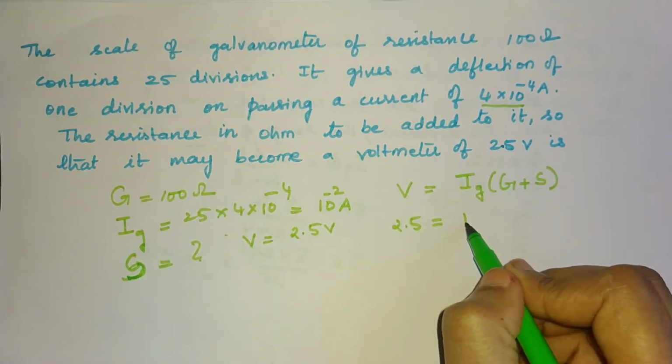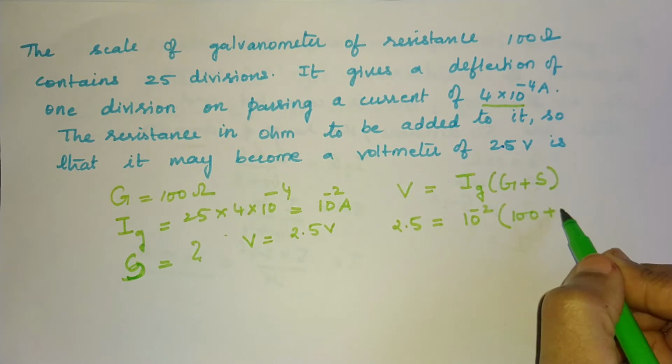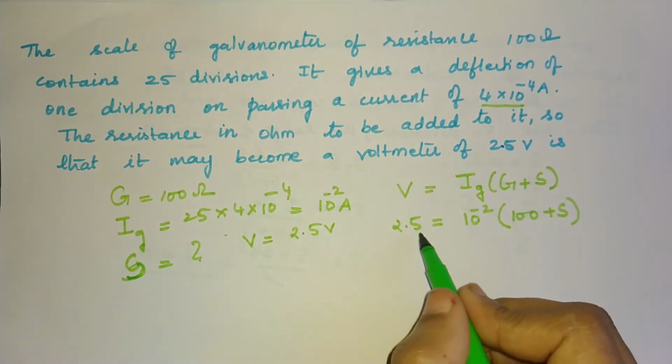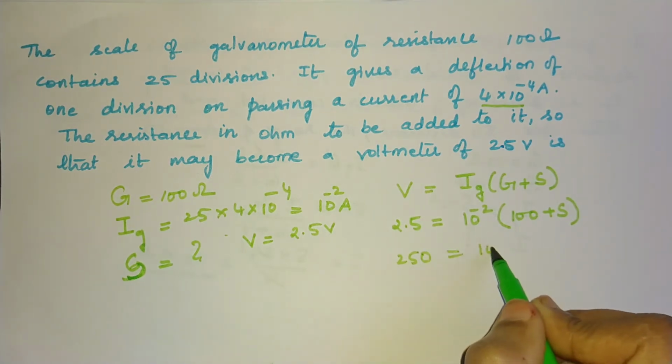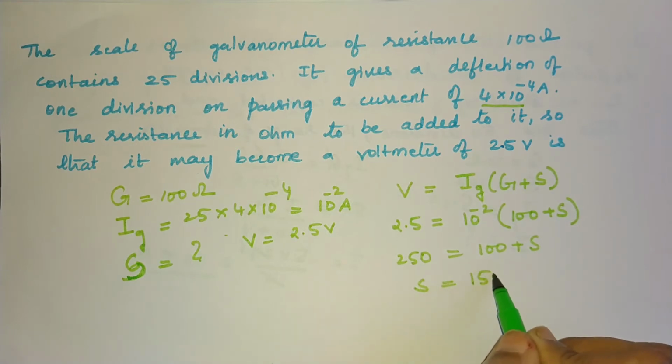Current through the galvanometer we have got as 10 power minus 2. G is 100. So 2.5 by 10 power minus 2, I will make it 250, is 100 plus S. What is the value of the resistance? It should be 150 ohms.